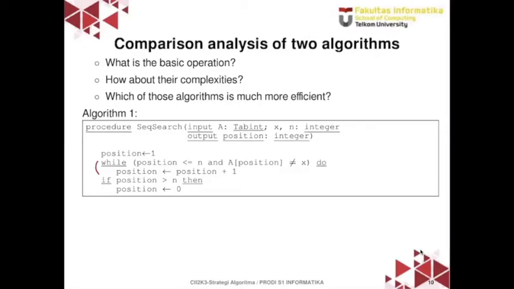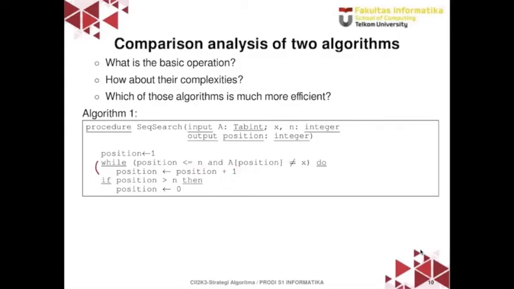The algorithm first assigns 1 as the position and checks if the element in position 1 is x or not. If not, and 1 is still not larger than n, then we go into the loop. We add 1 to the position, and then we check again the element at that position, and if it's still not larger than n, we check another position.